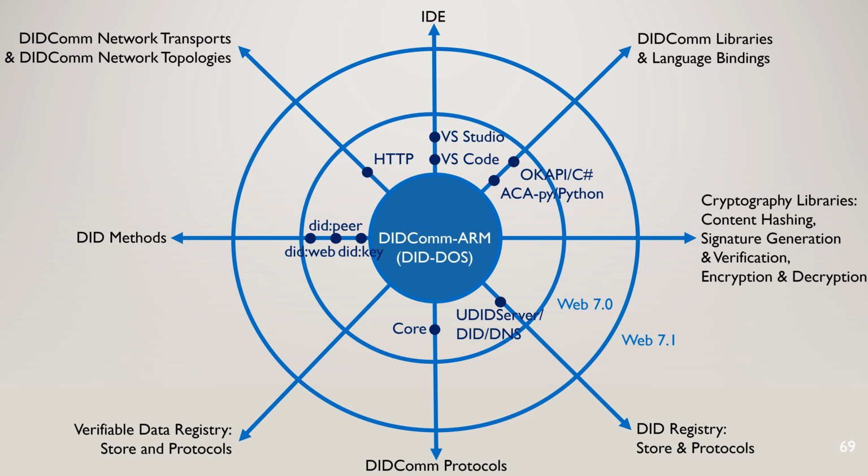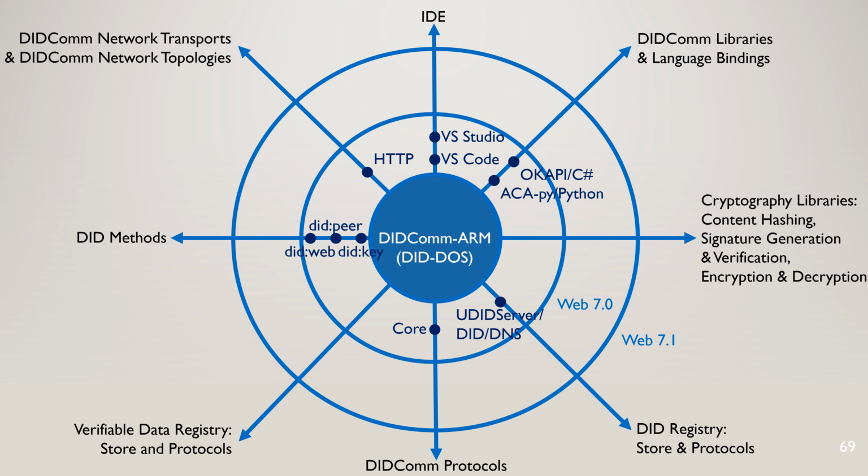There are the core DIDComm protocols that we've been talking about. The verifiable data registry is kind of out in the open there. It depends on what DID methods we support. DID-ION is a leading candidate, and that would be the Bitcoin verifiable data network. DID methods, did:web, did:peer, and did:key look like the most interesting ones right now.